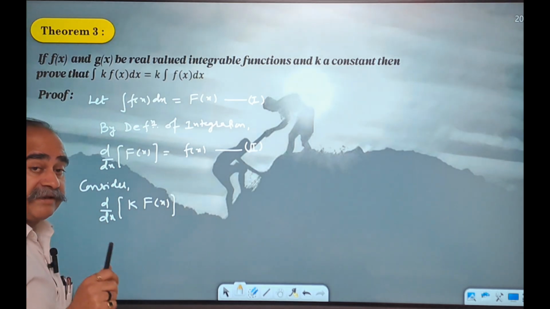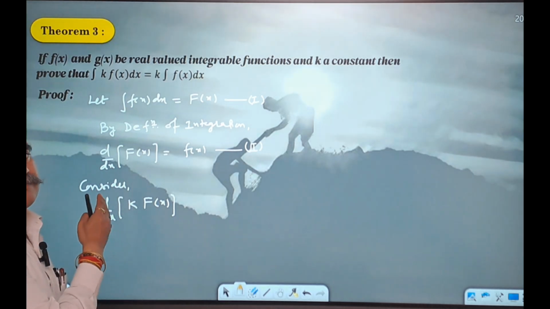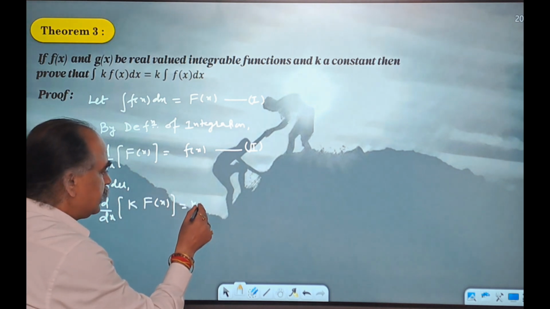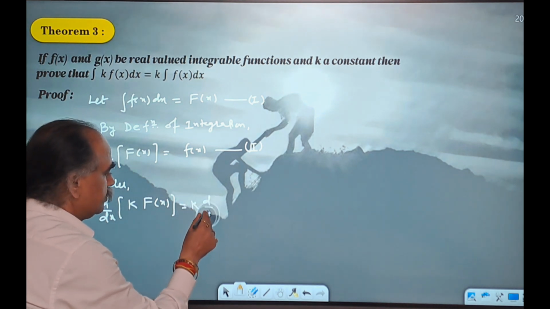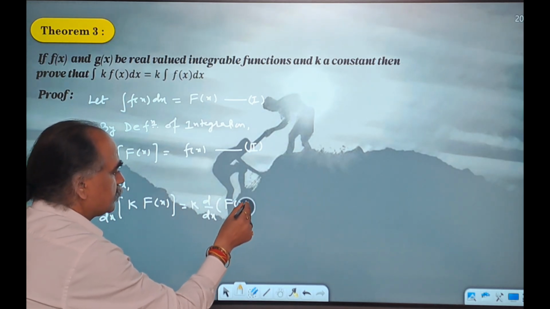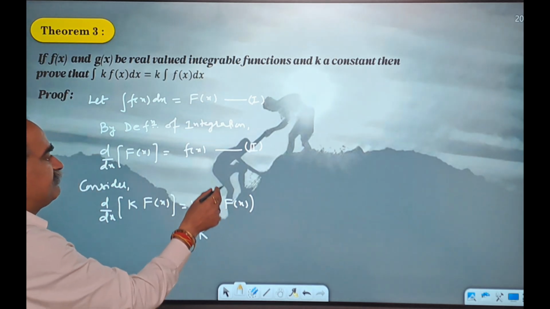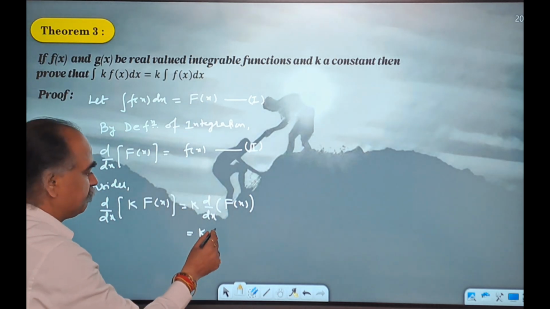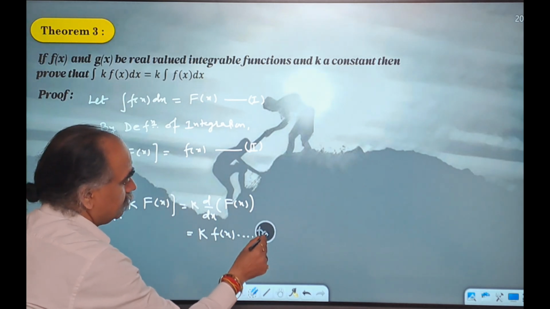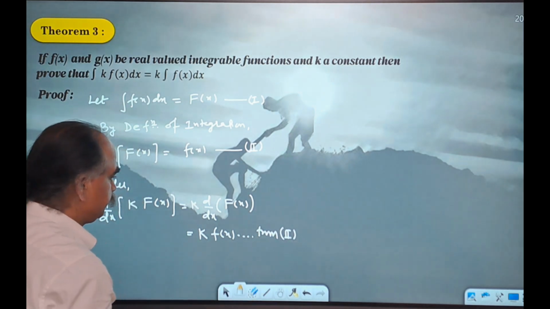And in derivative we have already proved derivative of ku is k times derivative of u: k d by dx of capital Fx, which is k times small fx from equation 2.